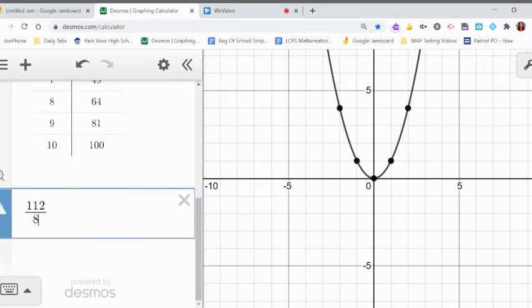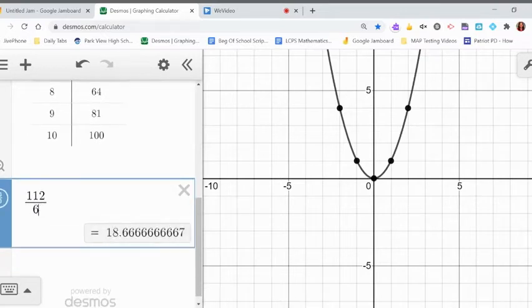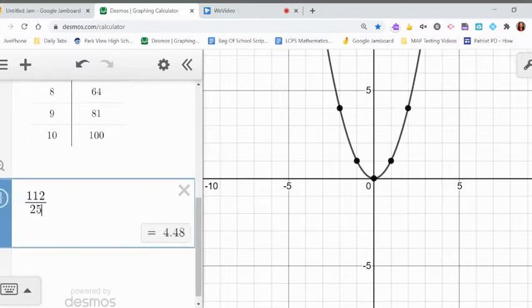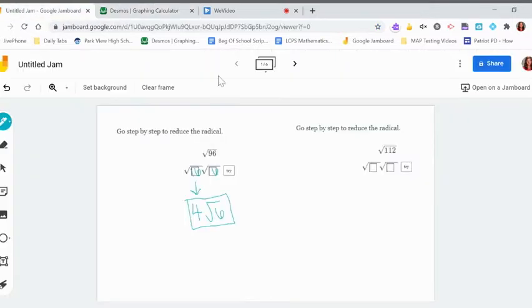Nope. 81. 64. 49. 36. 25. 16 works for that one too. 16 and 7. Square root of 16, we already found that out. That is 4. And this time the square root of 7 comes here. That's how we simplify.